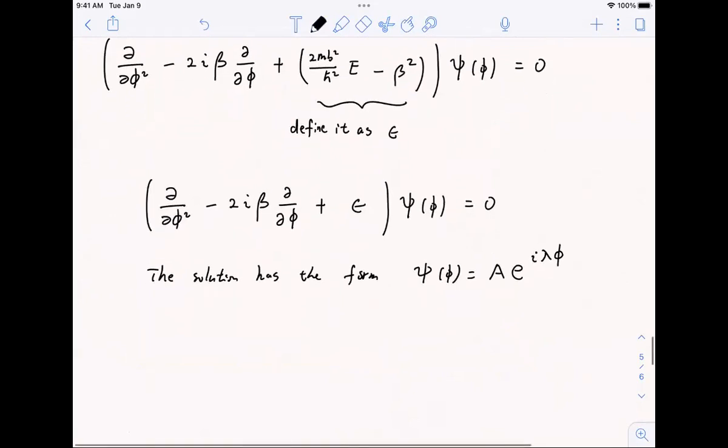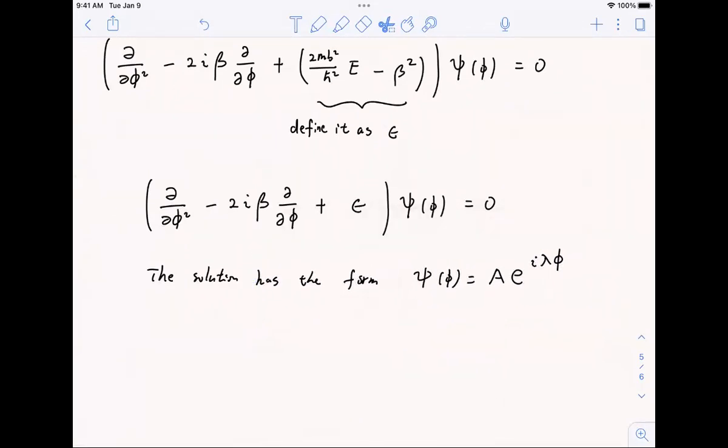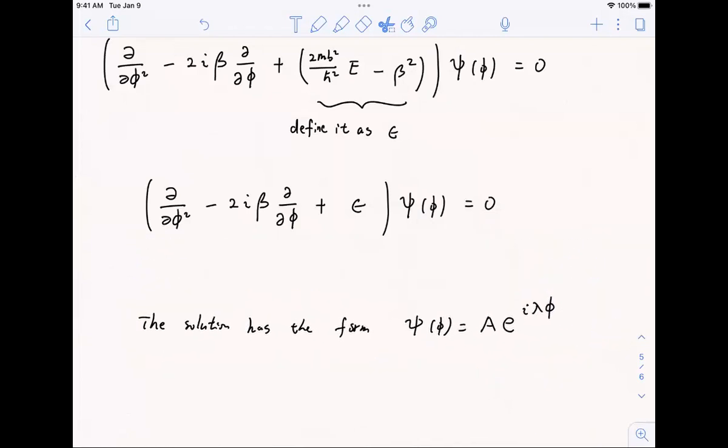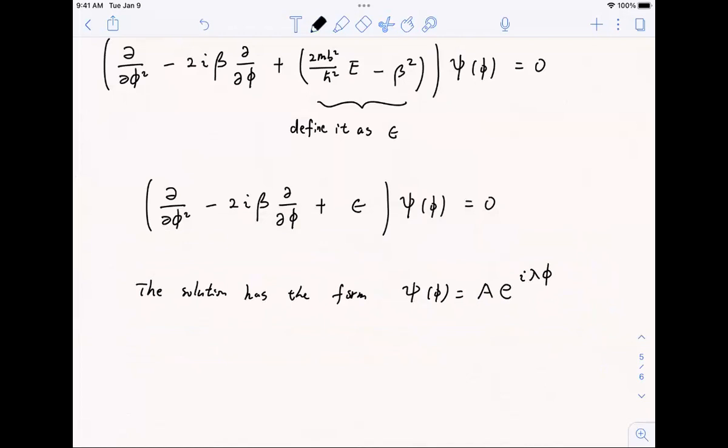Lambda can be solved. Okay, so let's get the form of lambda.